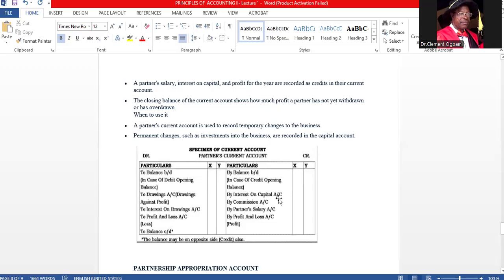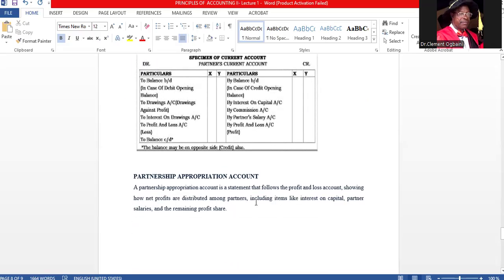Then if there's any further investment by the partner, we credit it. If there's any interest earned by the partner on capital, we credit it. If there's any commission earned by the partner, we credit it. If the partner receives salary, we credit it. And if the partner gets any share from the profit, we also credit it. So that is how the current account is run.